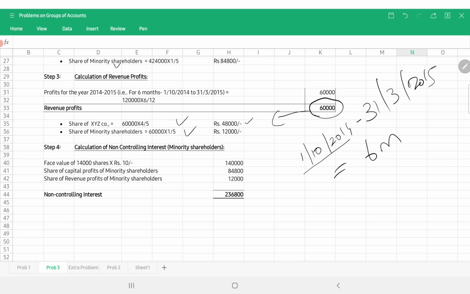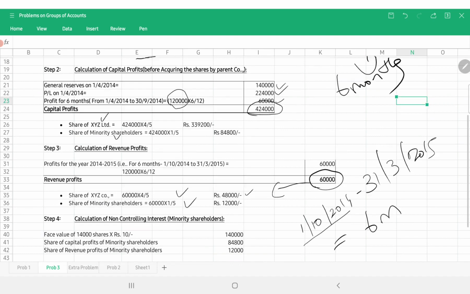Then finally coming to the non-controlling interest. For non-controlling interest, both capital and revenue profit are very, very important. That is why we calculate up to step 3, and then step 4 we are going to find out. This is for calculating the non-controlling interest, very simple. How much face value of shares do they have?